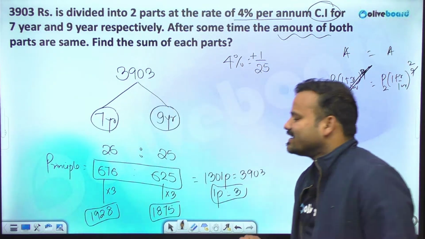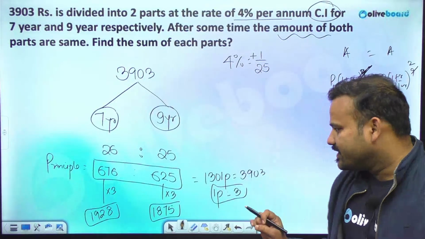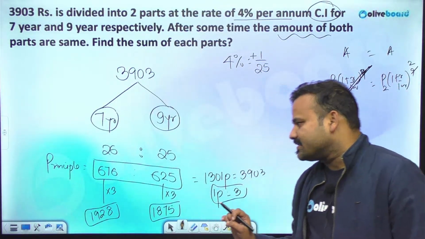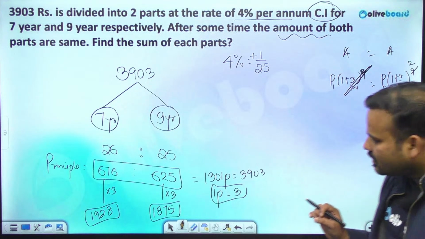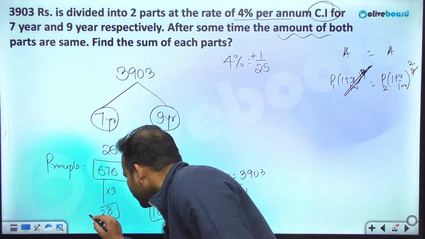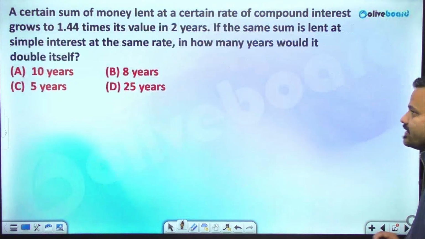So these will be the respective principal values of both persons. Fine. A similar question is over here.